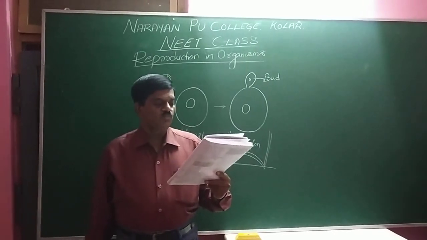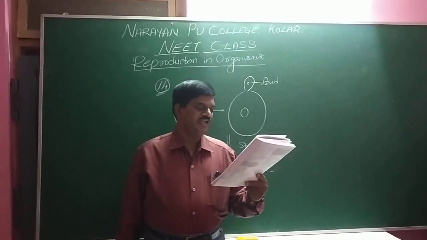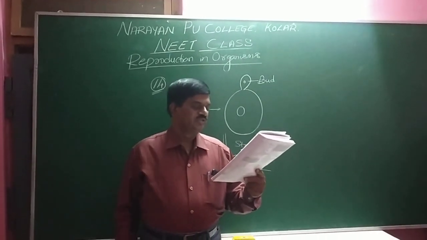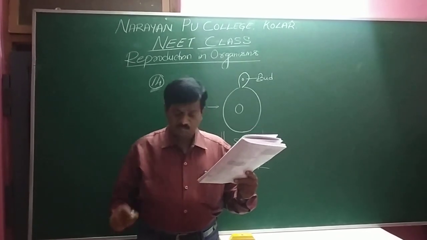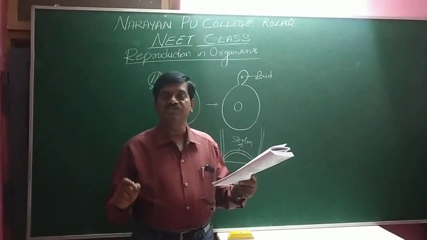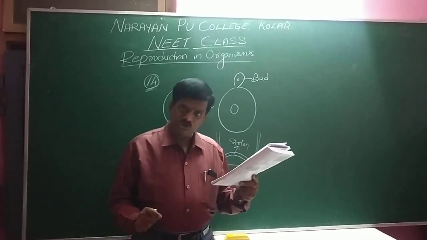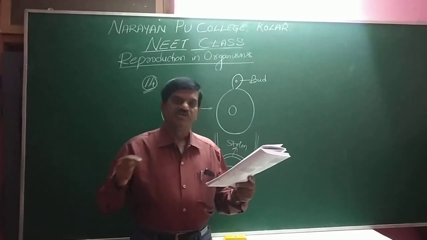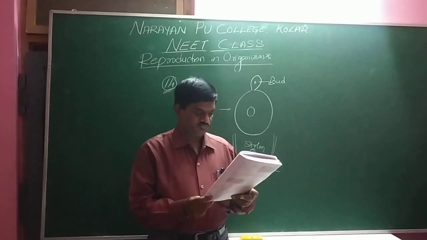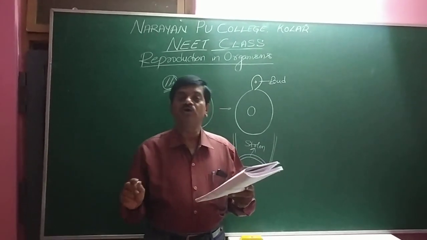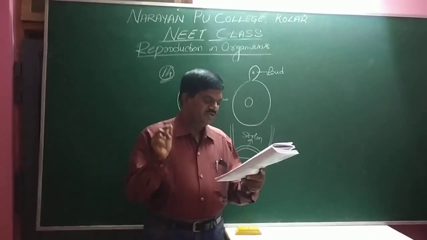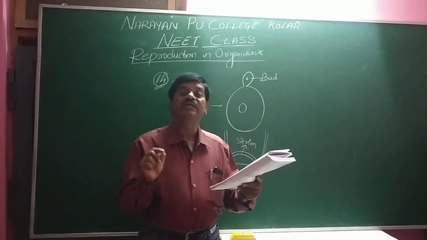Match column 1 and 2 and choose the correct combinations from the options given. In the first column, monoecious. The word monoecious means both the sexes are present in the same individual. Second is dioecious. In dioecious, it is unisexual. I am reading out the right option. Monoecious is coconut and tapeworm.